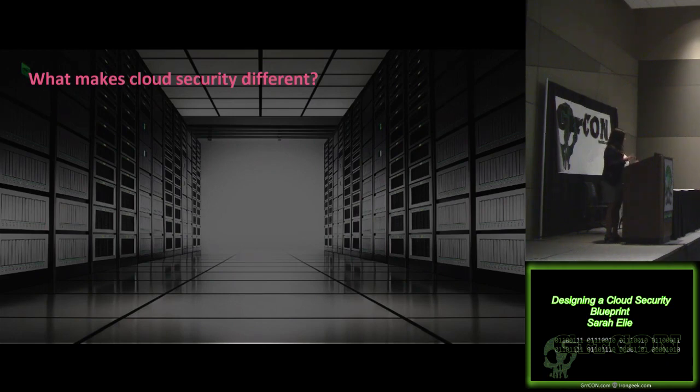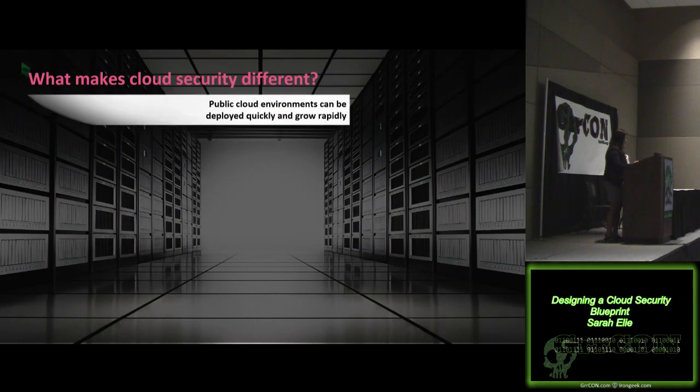Let's take a look at some of the ways cloud security differs from your traditional on-premise security. Public cloud environments can be deployed quickly and grow rapidly, which is great, right? That's why we want the cloud. But that ability to stand up quickly puts added pressure on project timelines.